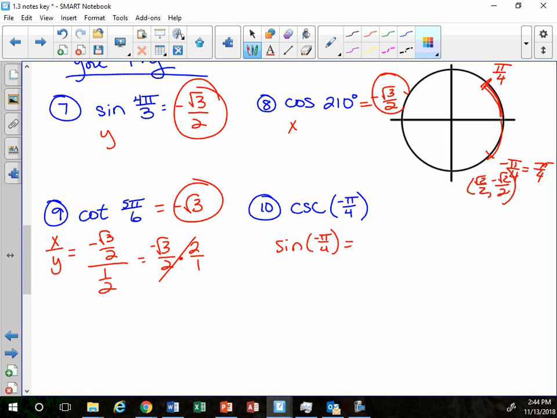So the sine here is negative root 2 over 2. How do I make that into cosecant? 2 over the square root. Yes, we flip it. So it's negative 2 over root 2. And do you guys remember what that rationalizes to? Negative root 2. Yes.